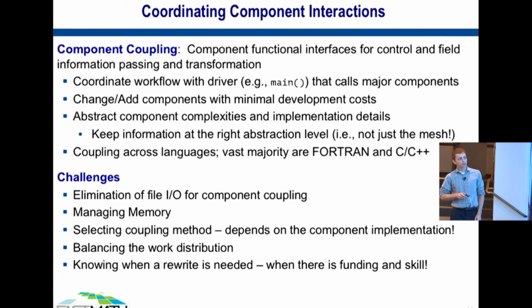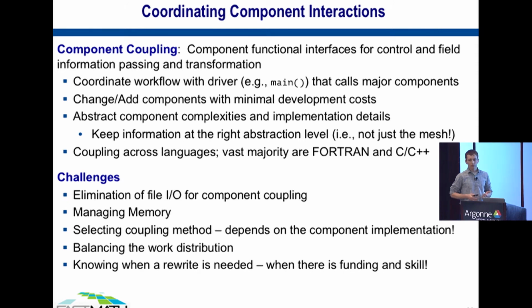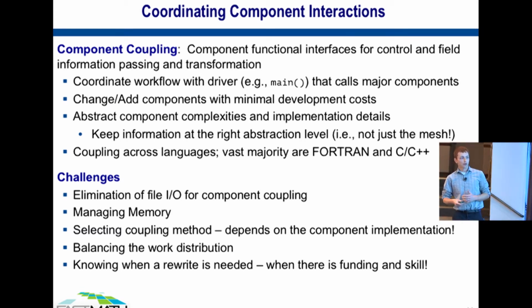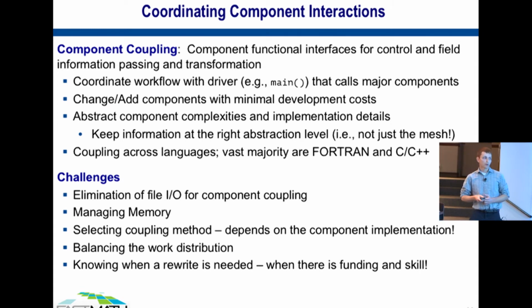So the challenges for doing this are many, but first and foremost, you want to get away from file I/O. We saw in the morning talk that data movement on the next generation and current generation systems is very expensive. Computation's free. So anything we can do there is going to be beneficial for the efficiency of your workflow or your application. If we're going to do something like this, we're going to introduce additional memory bookkeeping or management that has to be added.